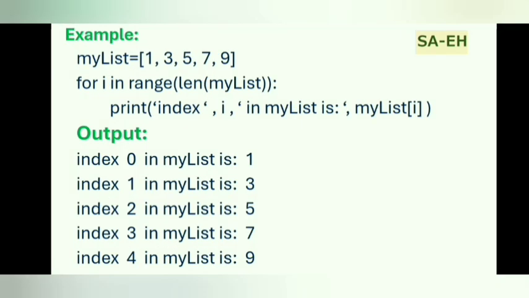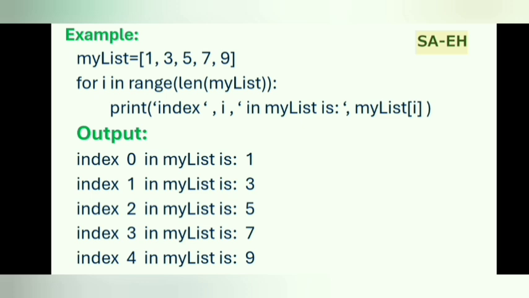Example. In this example, the first thing I did was create a new list with the 5 integer elements 1, 3, 5, 7 and 9 and assign it to the variable myList. We use the for loop with the range function to traverse the list. The built-in function len returns the length of the list.